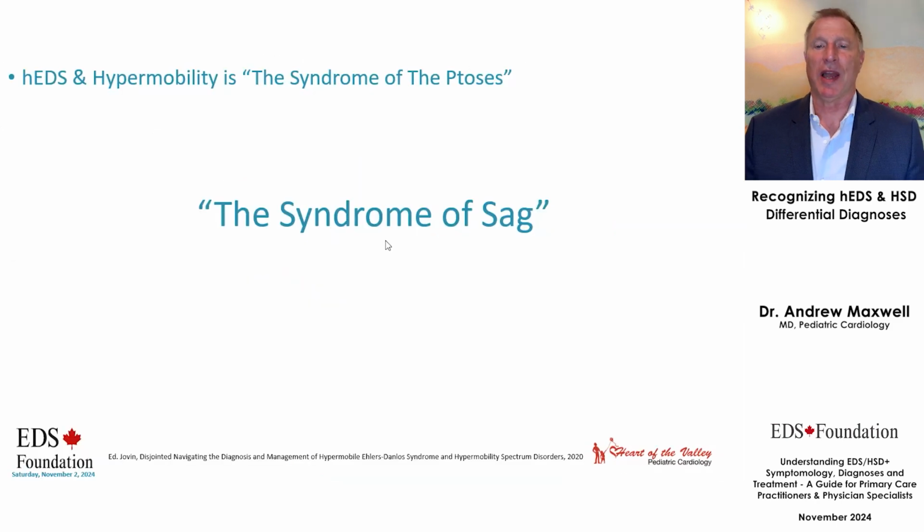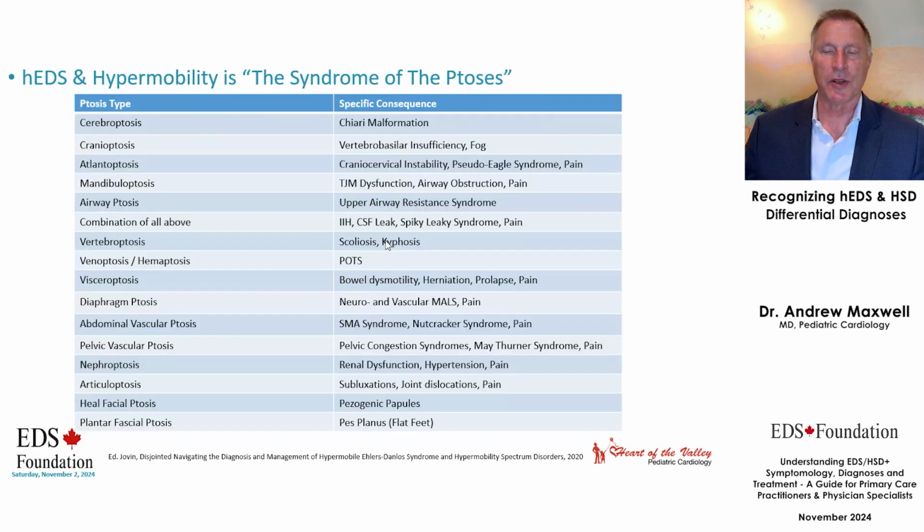Okay, now I'm going to talk about this concept of the syndrome of sag, that hypermobile patients have sagging organs, also known as ptoses. I'm going to go from top to bottom here, top of the head to the toes, and talk about all the things that sag. To begin with, there is the cerebroptosis, which might be represented by Chiari malformation, and we'll show some images of that.